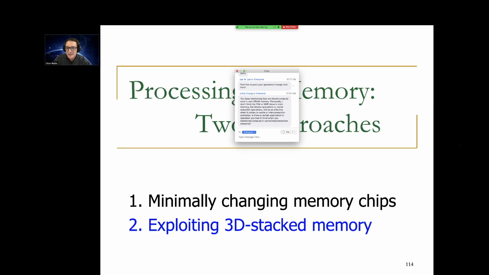If you can fit your data inside your caches, I believe caches could be very effective in terms of doing these operations. Clearly, if your caches cannot host a large chunk of the data that you're computing on, then they will not be very effective. Then you will need to get as much locality as possible from your caches and do these operations in your caches. So in caches, it's potentially a bit harder if your data doesn't fit into your caches to begin with.